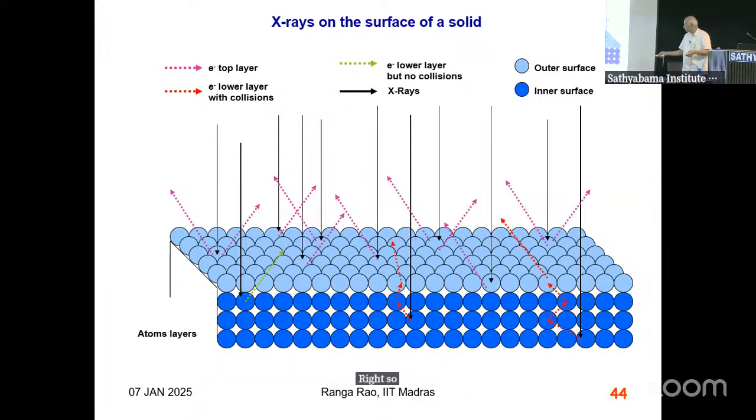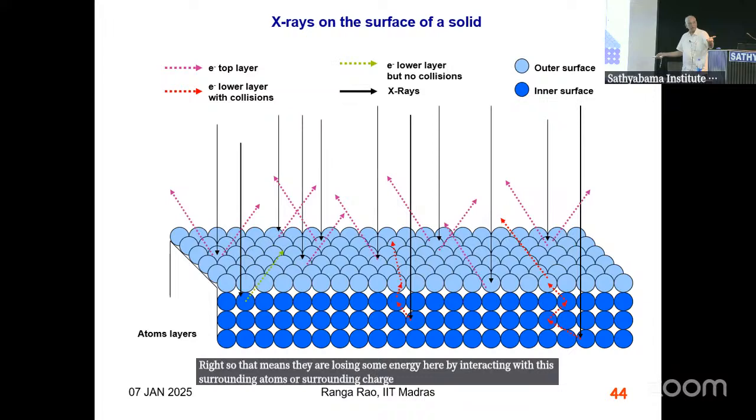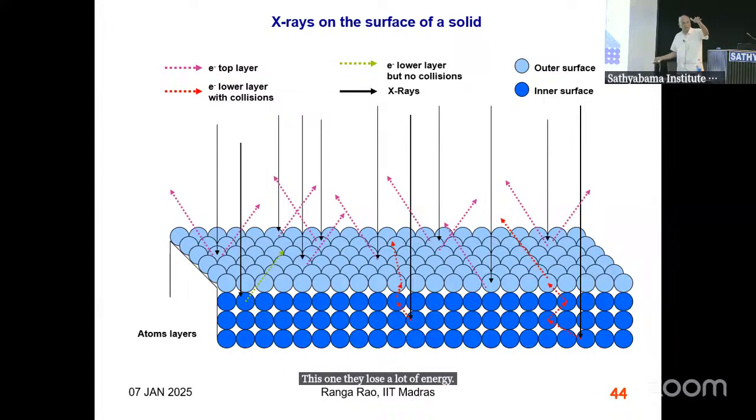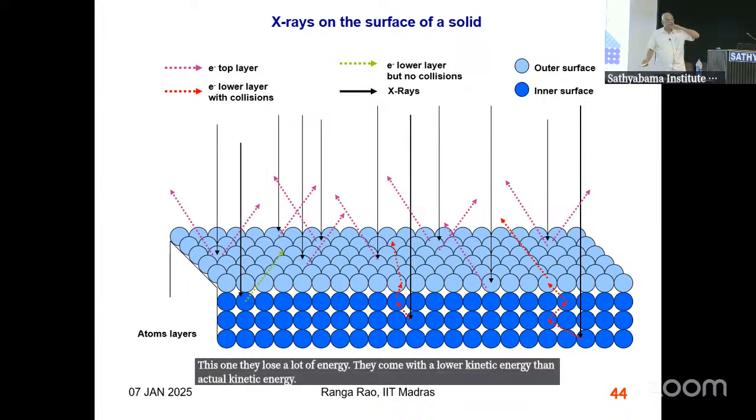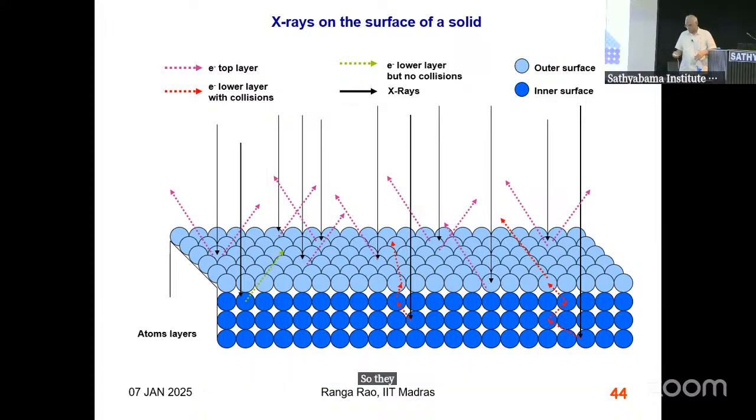That means they are losing some energy by interacting with these surrounding atoms or surrounding charge density. As a result, by the time they come out, these are the ones you see, this one, this one, this one. They lose a lot of energy. They come with a lower kinetic energy than the actual kinetic energy, right? So they form background in the spectrum.